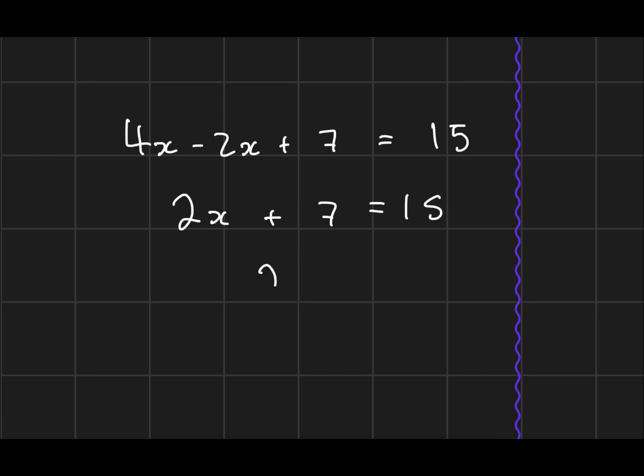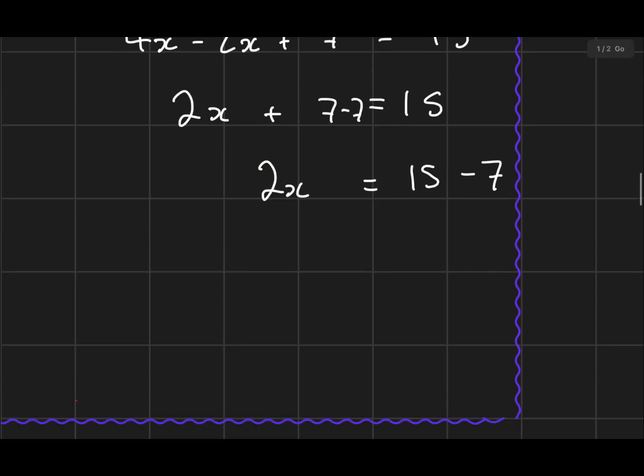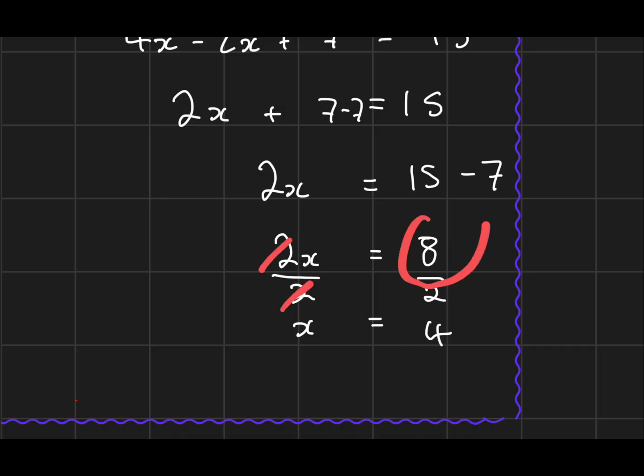So 2x is equal to 15 minus 7. And keep in mind we also minus 7 here. So this gets us 2x is equal to 8, and x is equal to 4, since we divide both of these by 2. This cancels out the 2's here, and we can simplify this.